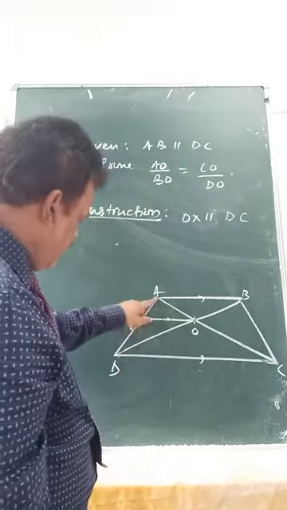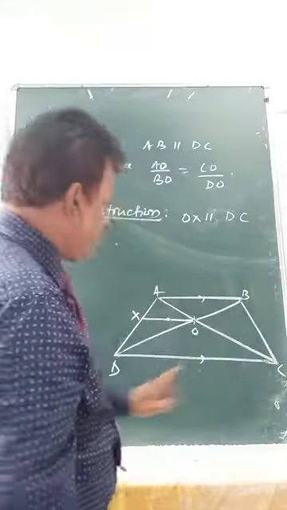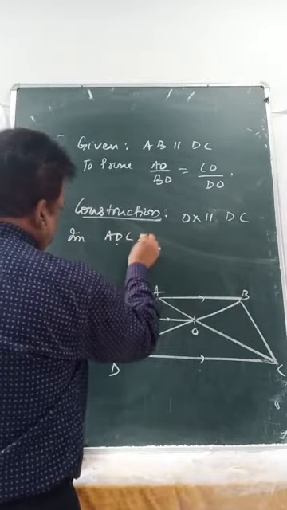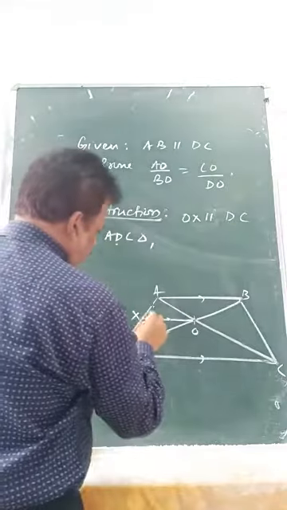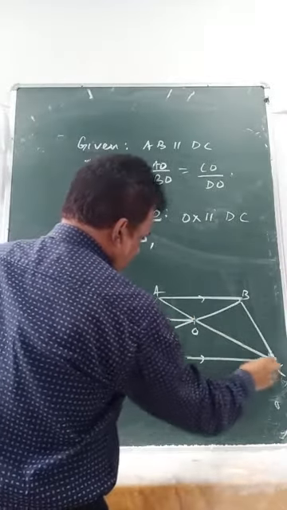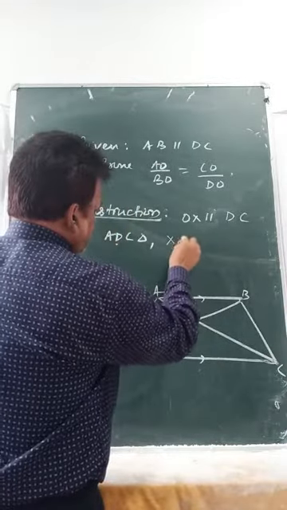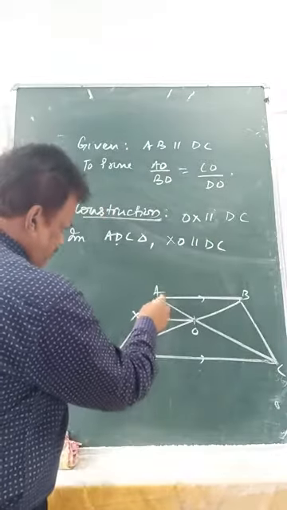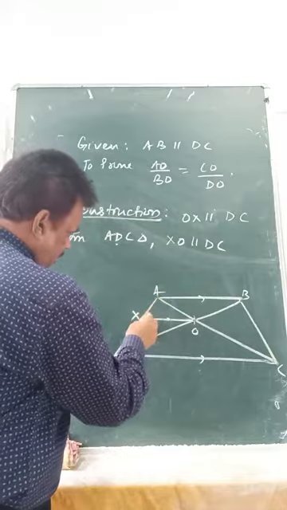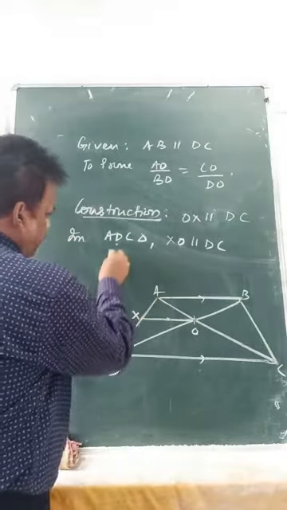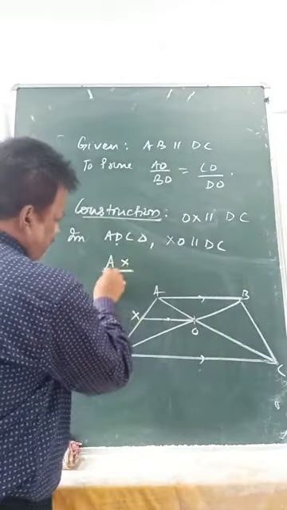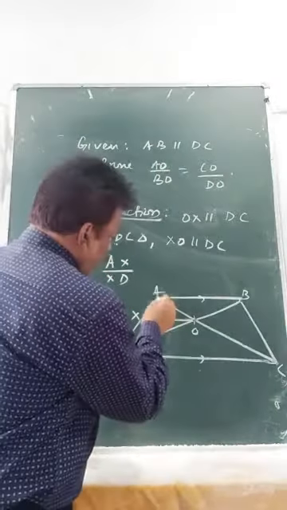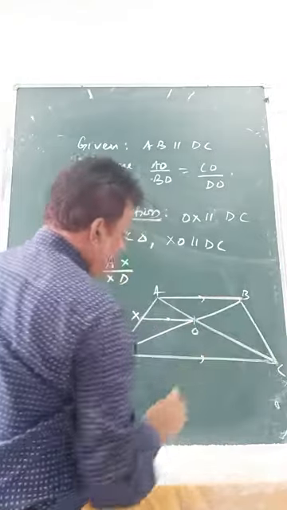So now you take triangle ABC. In triangle ABC, XO is parallel to DC. Formula: AX by XD equals AO by OC.